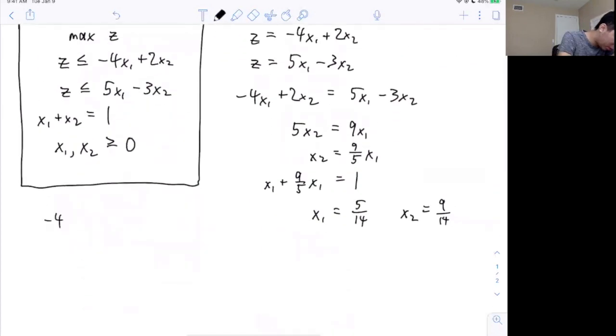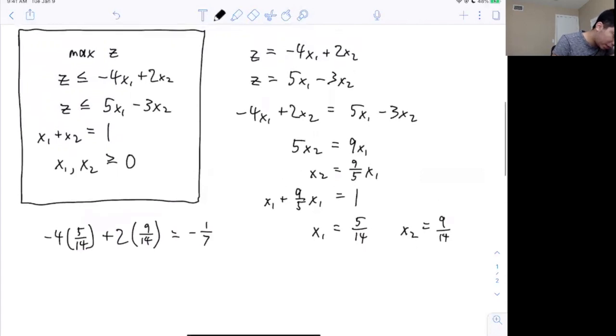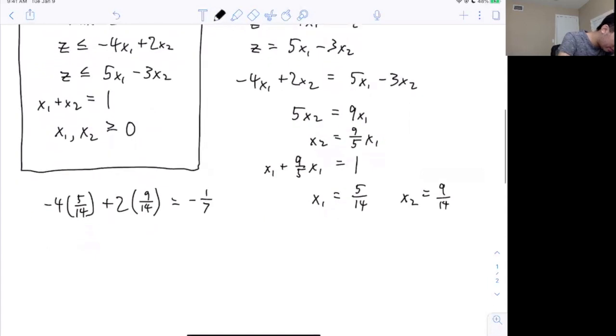So -4 times 5/14 plus 2 times 9/14 is going to equal -1/7. And if the column player were to choose D instead, 5 times 5/14 minus 3 times 9/14 is also going to equal -1/7.